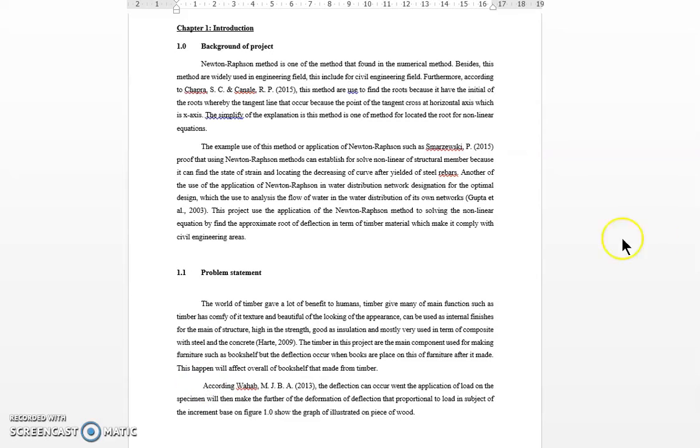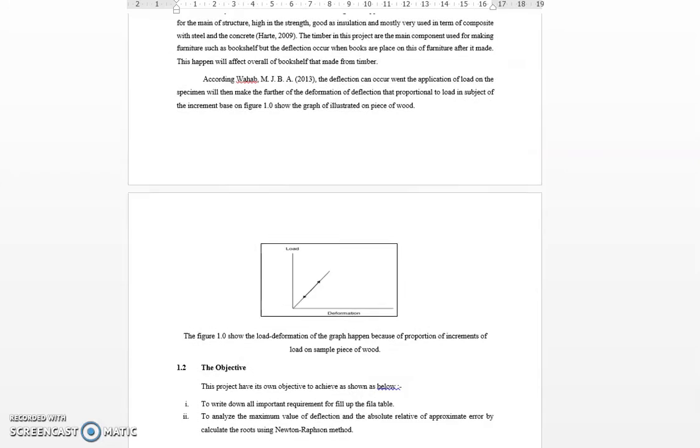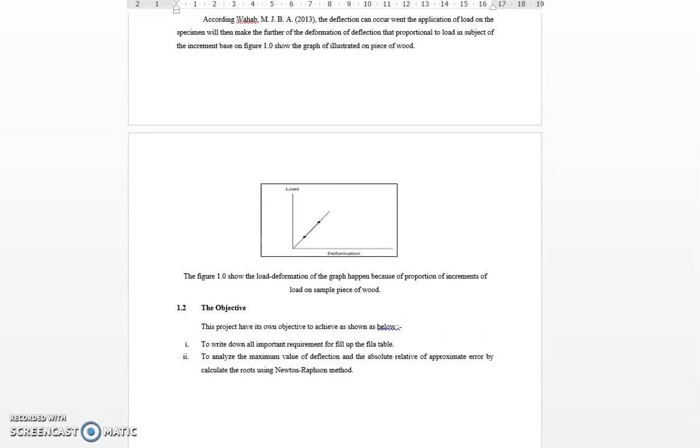According to Wahab, deflection can occur when a load is applied on the specimen, and the deflection increases as the load increases, based on Figure 1.1. This figure shows the load-deformation graph because of the proportional increment of the load on a sample piece of wood.